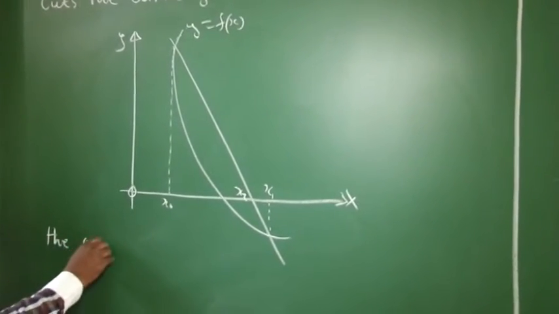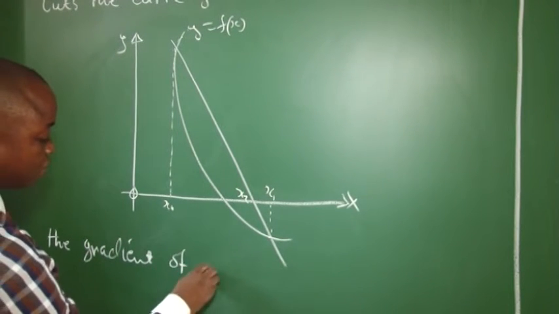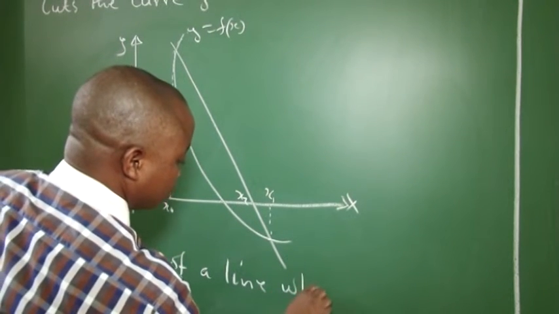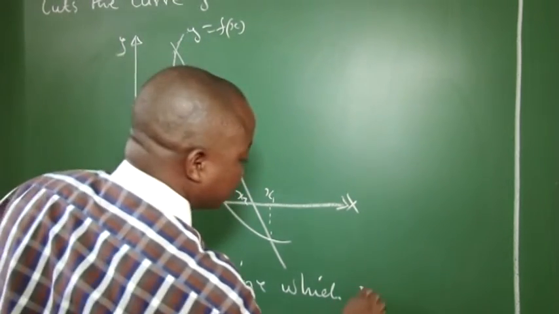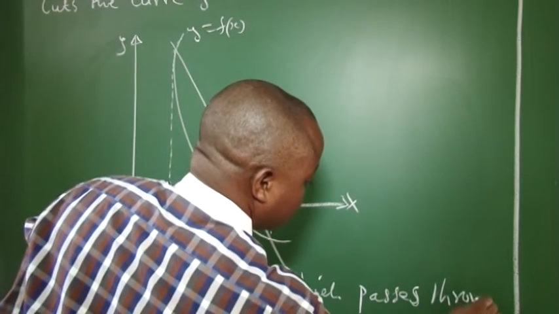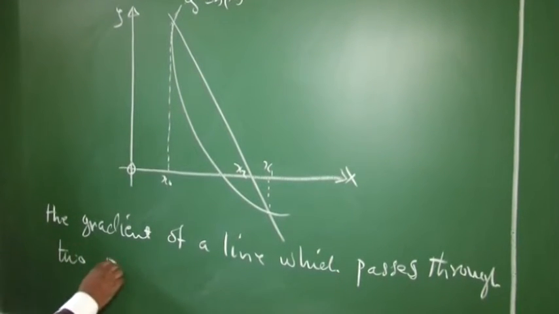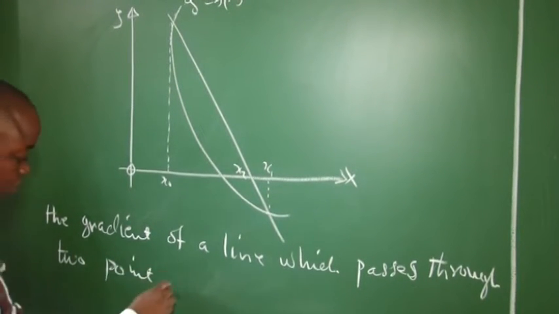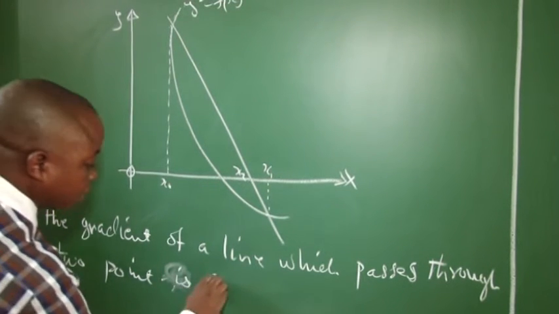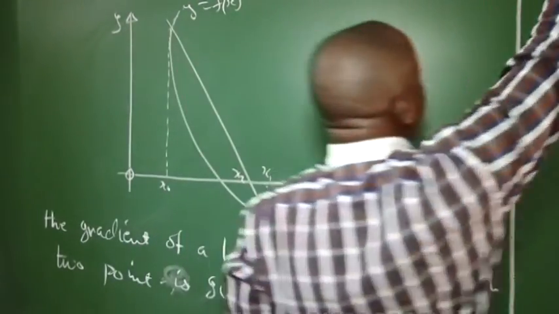The gradient of a line which passes through 2 points is given by the following.